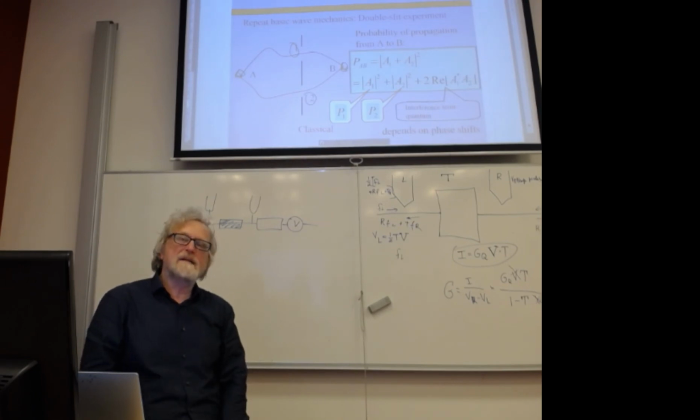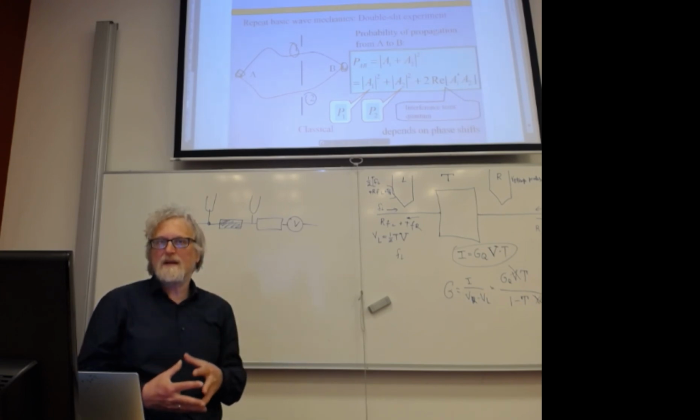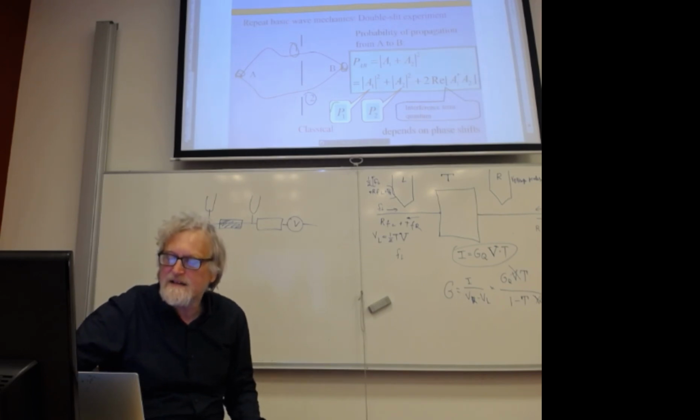Let's figure out what the probability to go from A to B would be. If you're a classical physicist, thinking about propagation of particles, you would immediately say it's just a sum of the probabilities to go through slit 1 and slit 2.